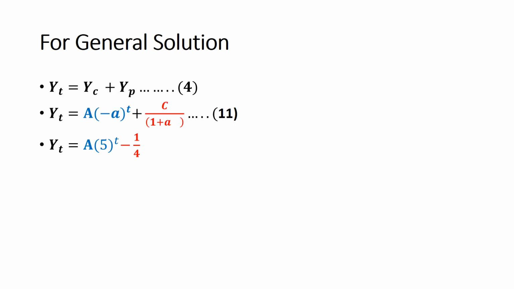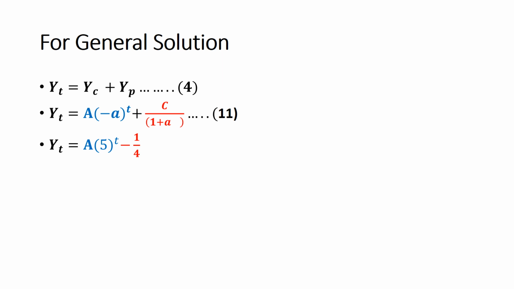Now we have obtained both values, yc and yp. By substituting the values of yc and yp in equation number 4, we will get the general solution. The general solution, yt is equal to yc plus yp.